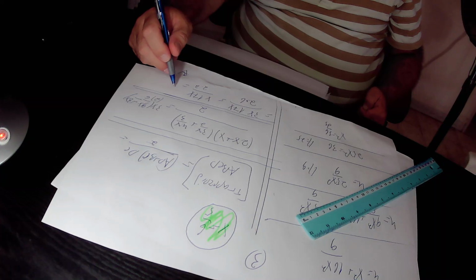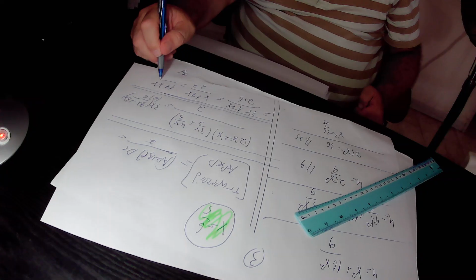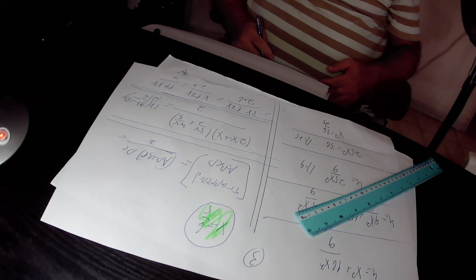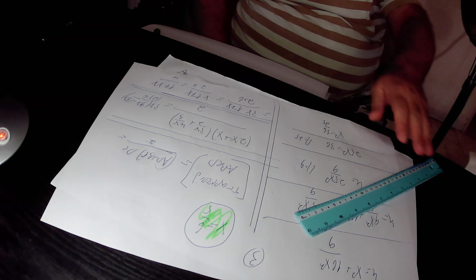So in total we have 17 times x times x over 2 times 2, that is 4. So the area of trapezoid ABCD equals 17 over 4 times x squared.